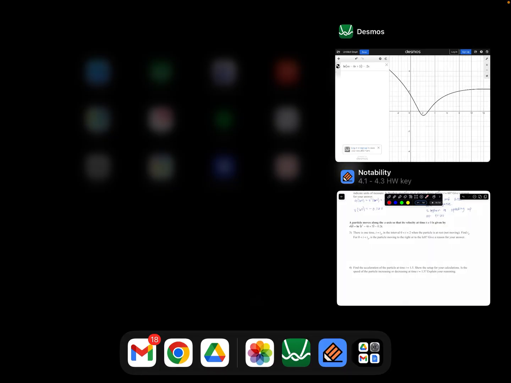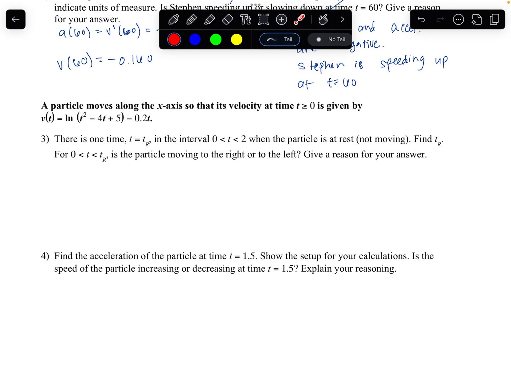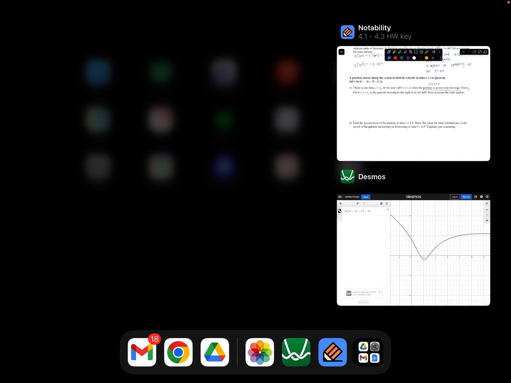We're specifically looking at the interval from 0 to 2 when the particle is at rest. So particle is at rest is going to mean when v of t is equal to 0, when the velocity is equal to 0. Find that time.